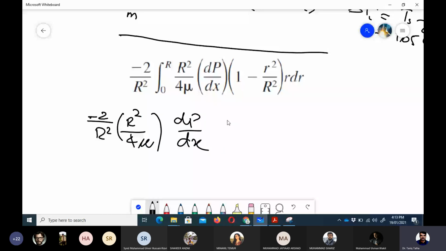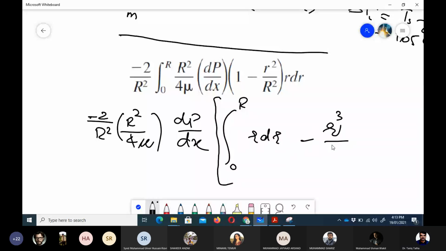It would be out of the integration, and then inside the integration we would have r into dr minus r cube on r square into r into dr, from 0 to r.